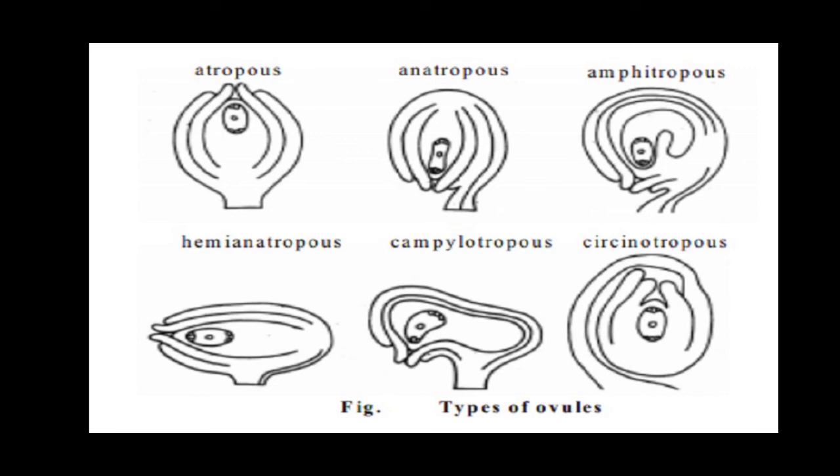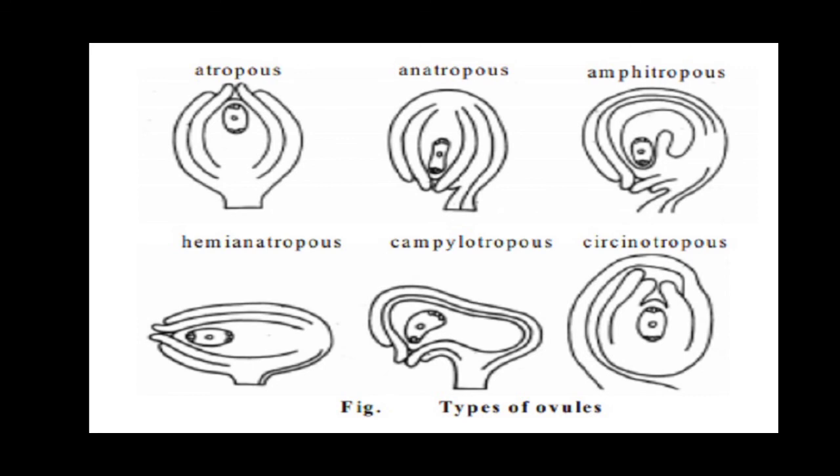It's an entire coiled structure. The diagrammatic representation is already shown here, you can see it. So it's majorly seen in the cactus family, where this particular feature of the ovule can be noticed.